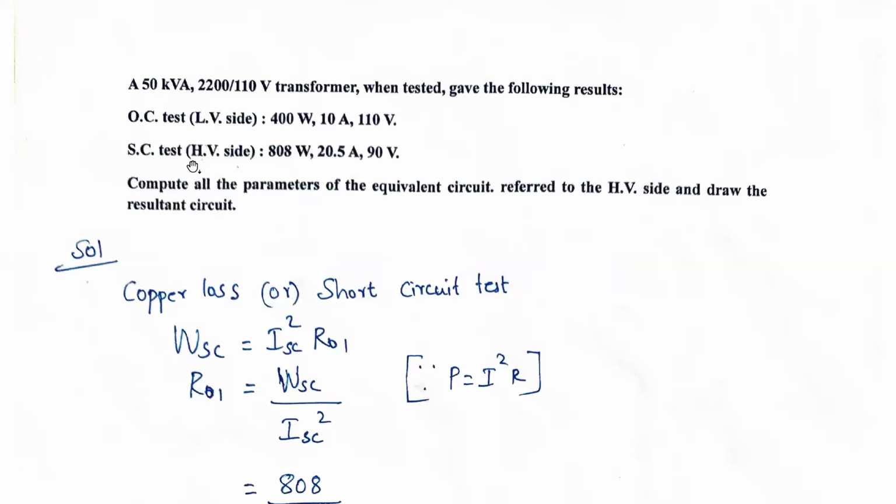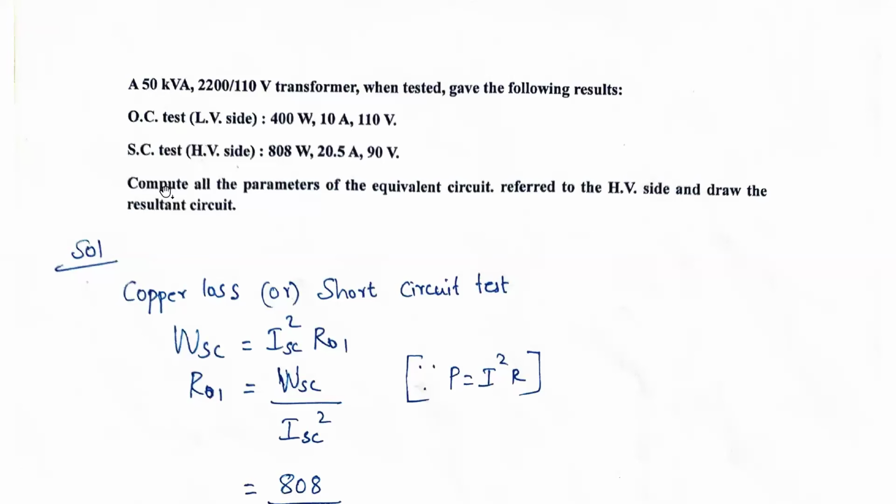In the SC test, on the HV side: 808 watts, 20.5 amperes, 90 volts. Compute all the parameters of the equivalent circuit referred to the HV side and draw the resultant circuit.